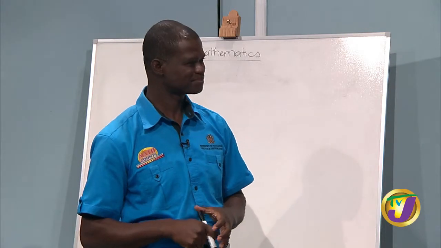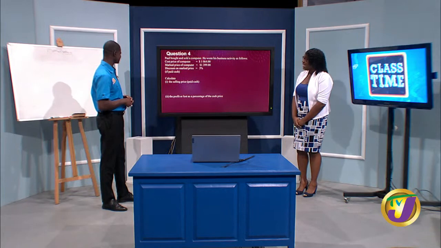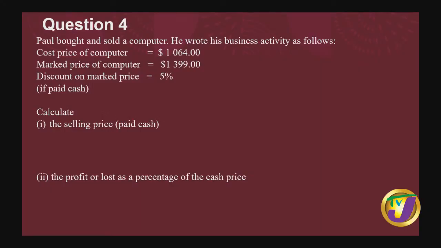That's true. All right. So if I paid cash, what will my selling price be? We needed to find out what 5% of my marked price is, which is $69.95.